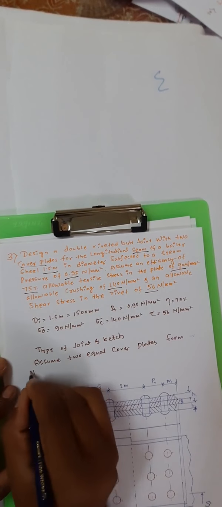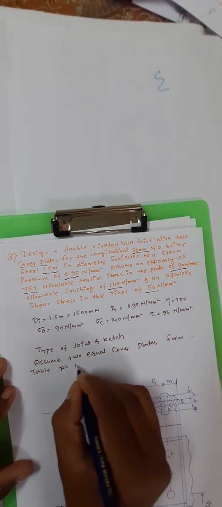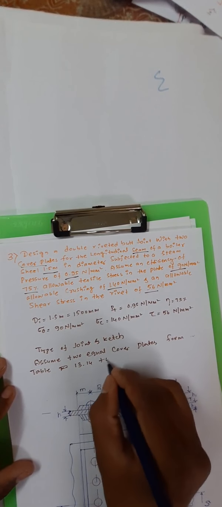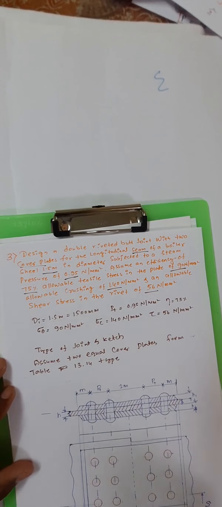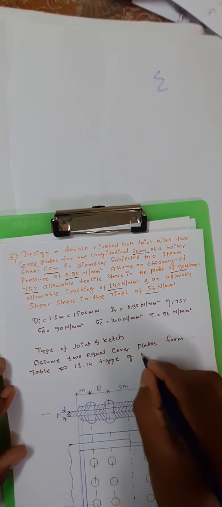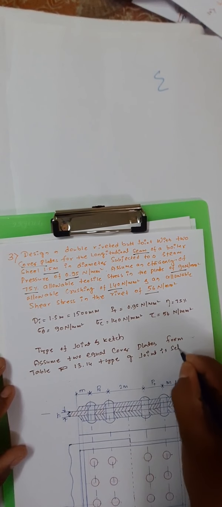From table 13.14, type G joint is selected.